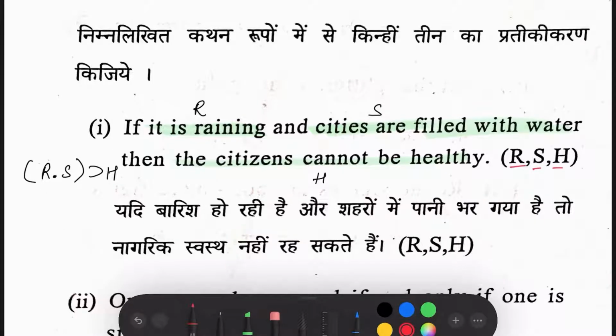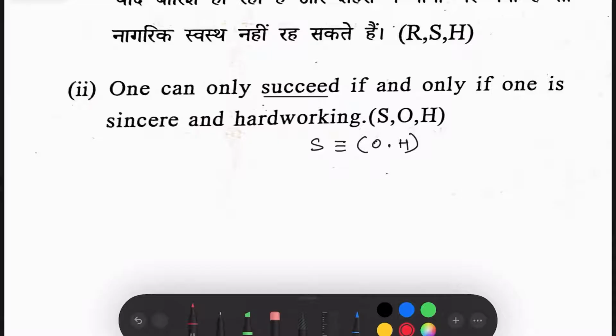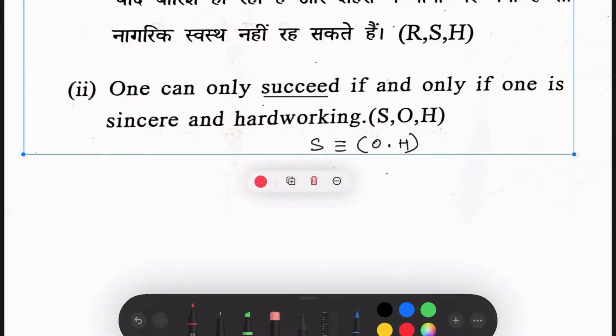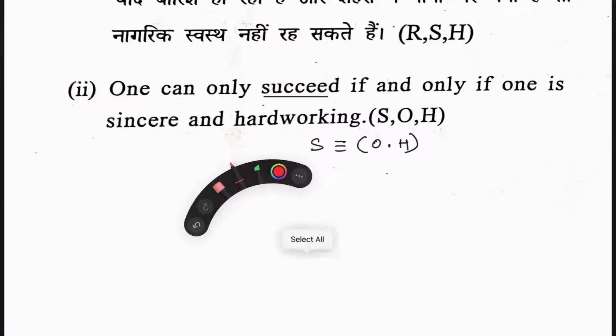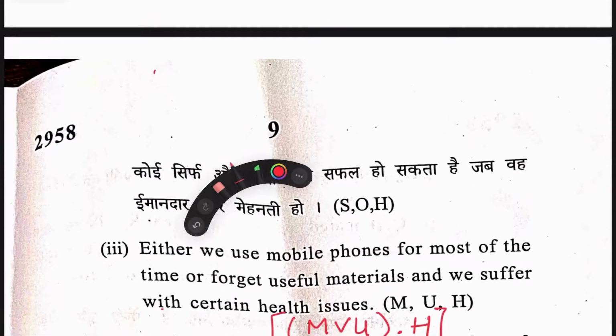So for 'and' you use a dot, R dot S, and for 'if then' you use a horseshoe, horseshoe H. Next one: one can only succeed if and only if one is sincere and hardworking. Now you know that 'one can only succeed if and only if' means triple bar, and for sincere and hardworking, O triple bar S dot H, the dot comes in because of 'and' in between.